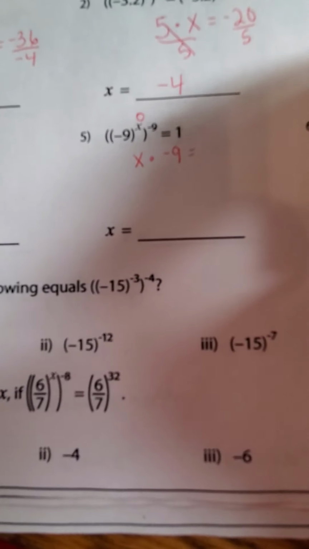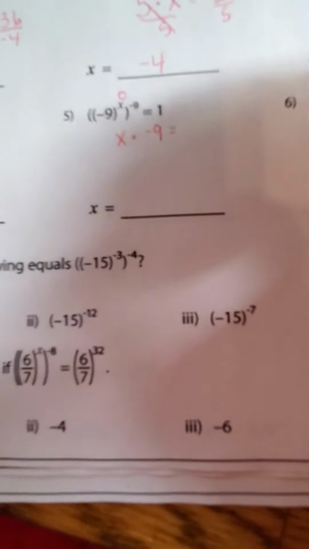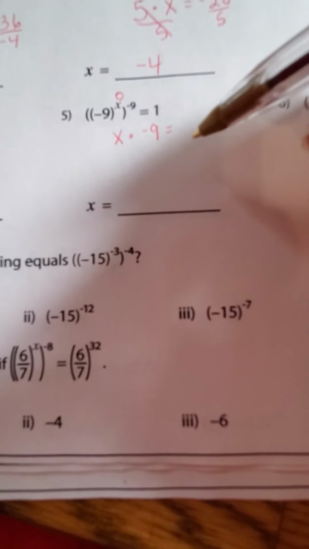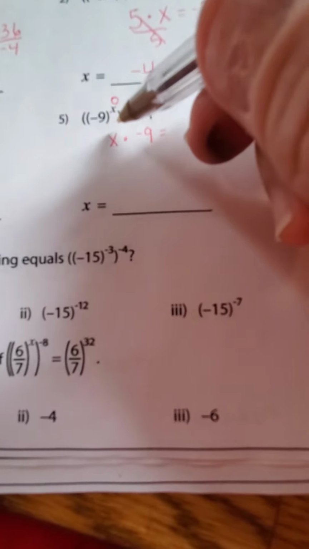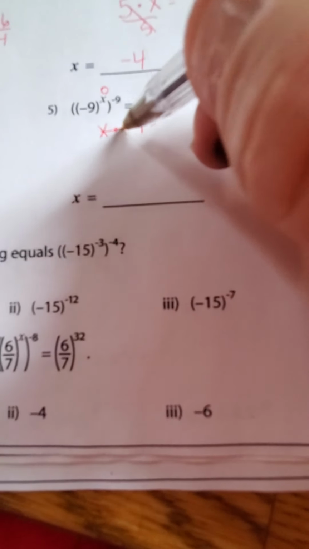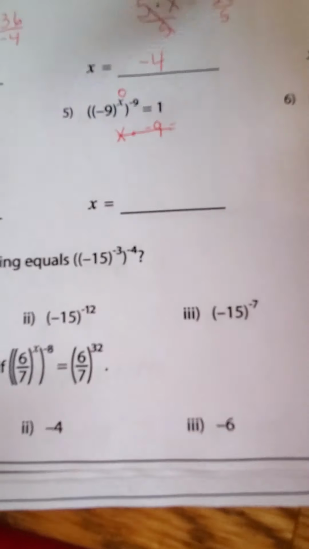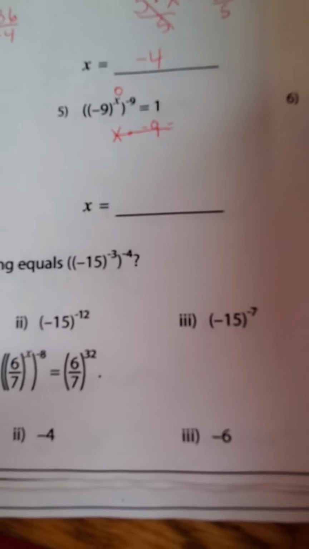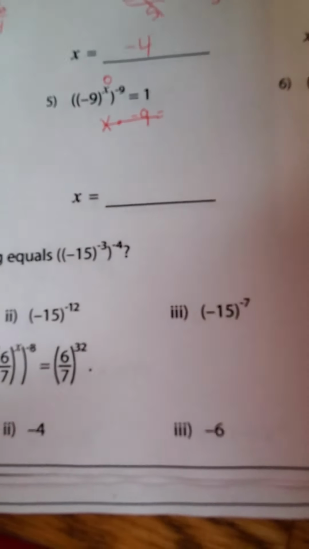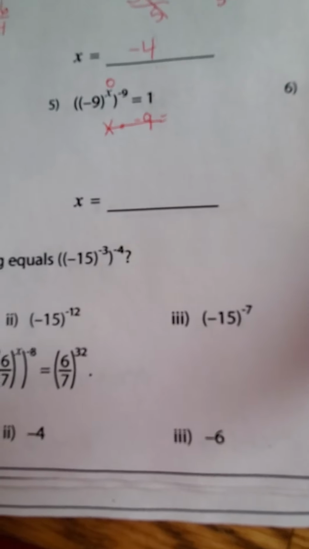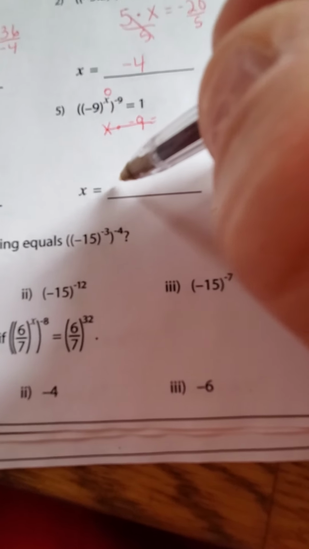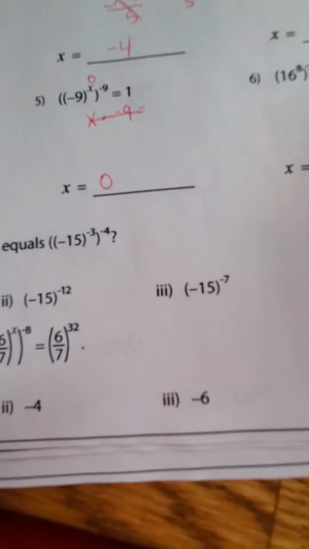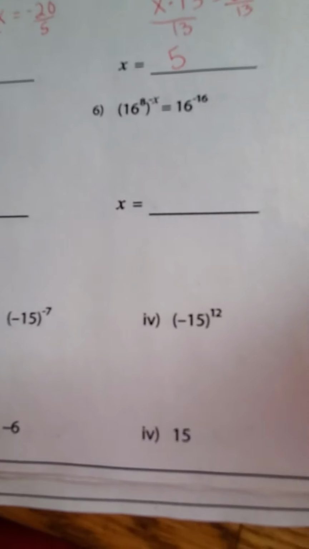So I haven't gotten into that yet, but if you have any more of those on there, I'll make note of that. So for this one, it's just one of those special rules, and it is on your laws of exponents paper, which is the very, very last rule. So for this one, we're just going to say x is 0. And again, we'll practice more of those at a later time.